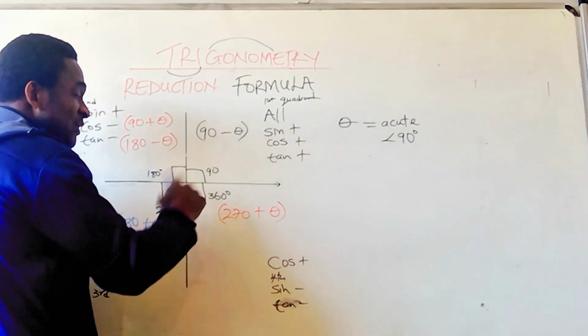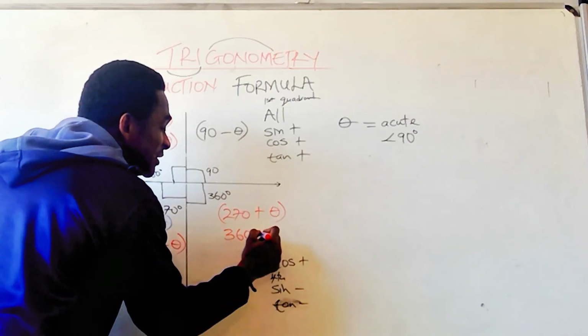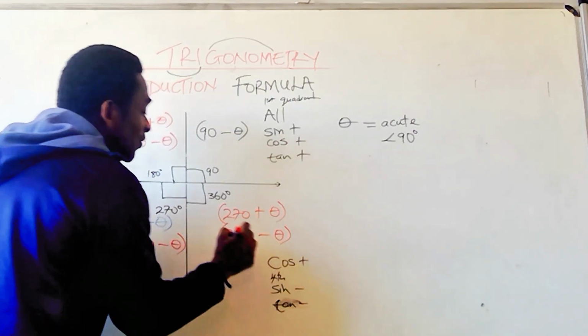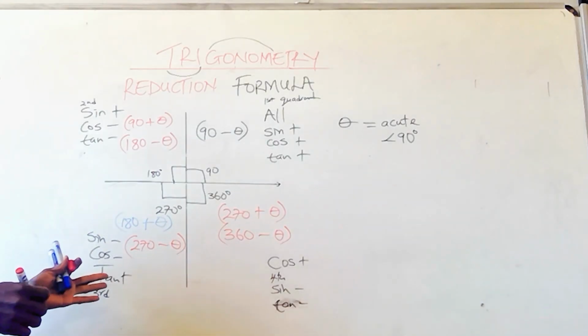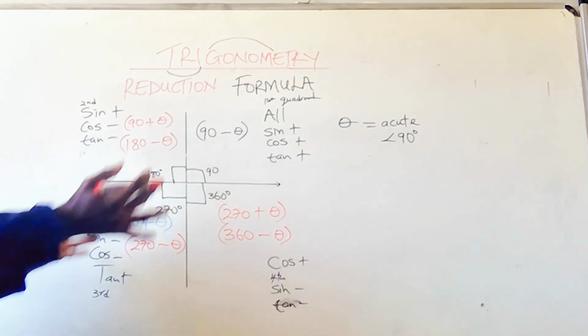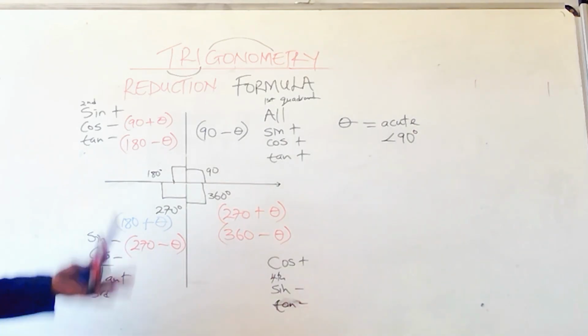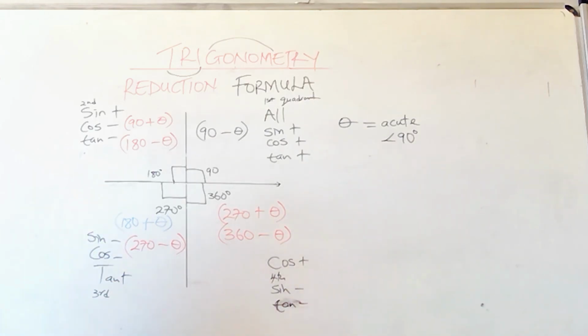Greater than 270 goes into the next quadrant, or 360 minus theta. So these are what we use to figure out the angles depending on which quadrants they fall in. So with this we can arrive at the value for every given trigonometric expression and what we can actually reduce it to for easy simplification. We'll take examples as we go on, but let's write out everything.